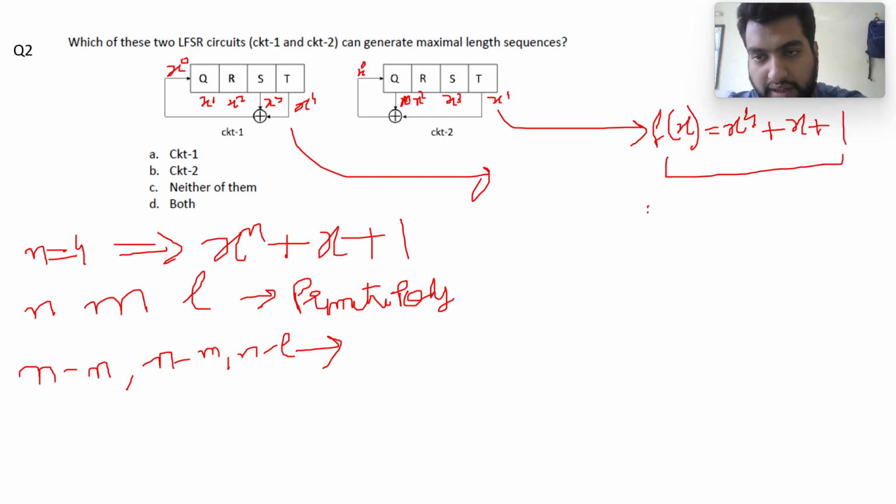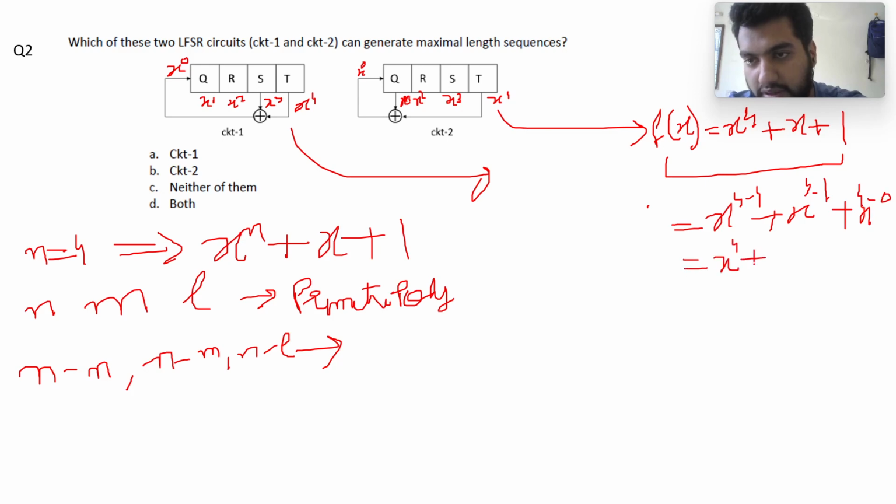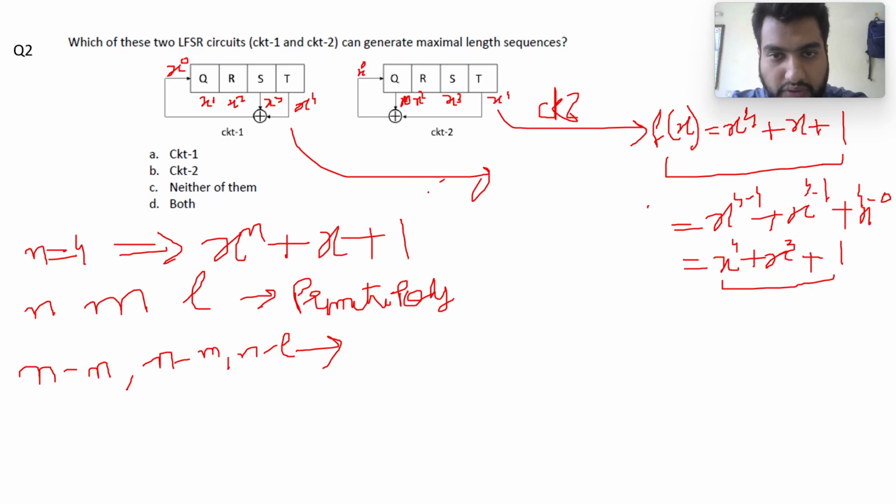And also we can write x raised power 4 minus 4 plus x raised power 4 minus 1 plus x raised power 4 minus 0 will also be a primitive polynomial. So that means x raised power 4 plus x raised power 3 plus x raised power 0, that is 1, will also be a primitive polynomial. Now this was circuit 2 and now we have circuit 1.